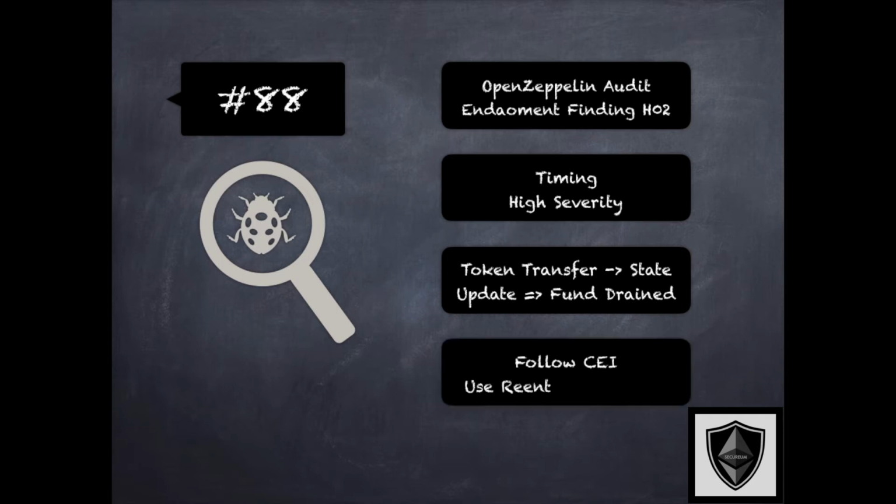The recommendation was to always follow the check effects interactions pattern where the contract state is modified before making any external call to other contracts and use reentrancy guards for such functions.